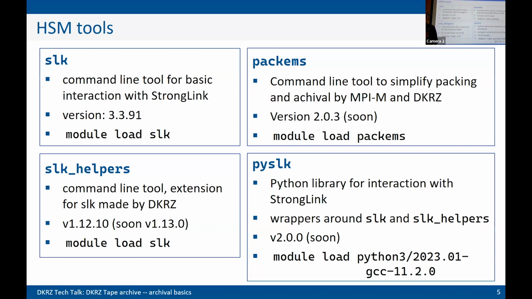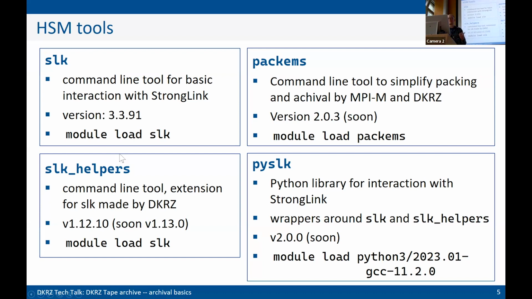We have different tools, and in the beginning it might be a bit confusing, so I just posted the most important ones here. First we have the SRK. This is the basic command line tool provided by the company who developed the software for our HSM. The software is called StrongLink, and the official command line tool for it is called SRK.